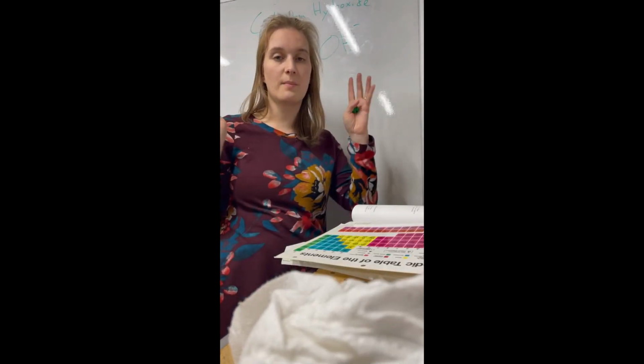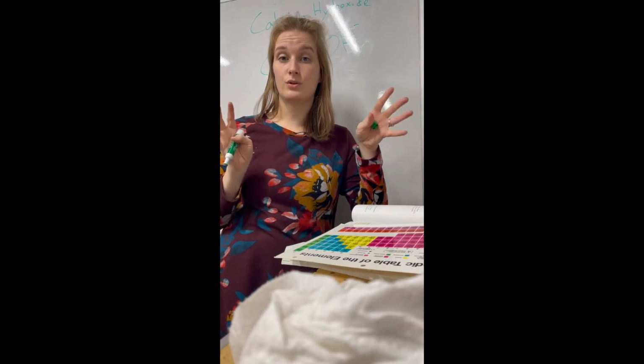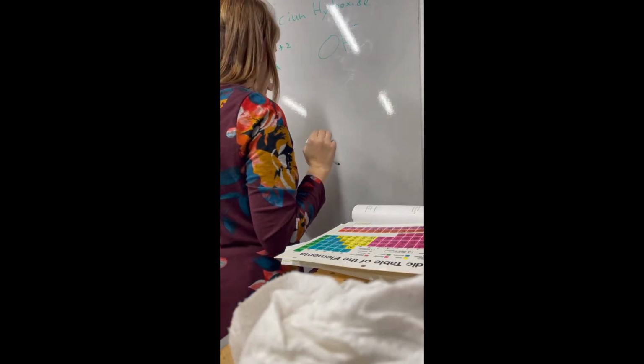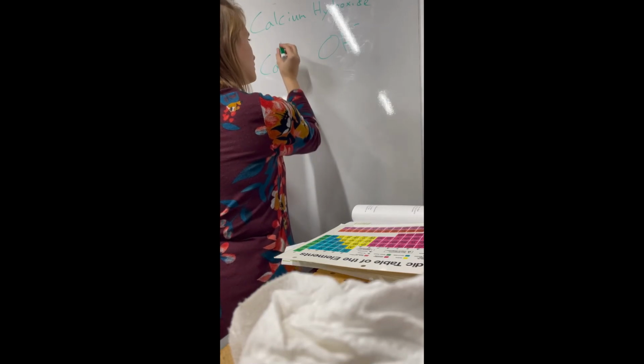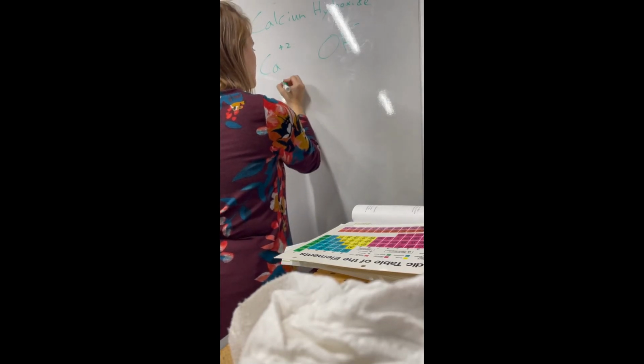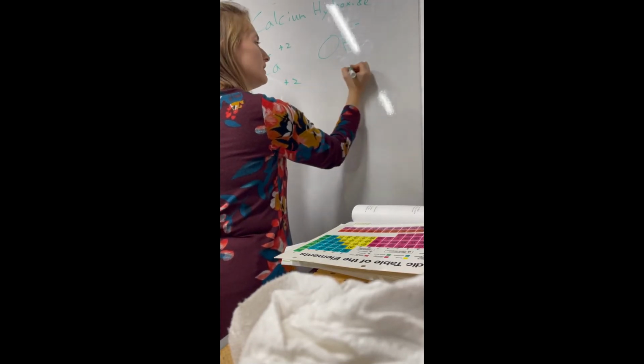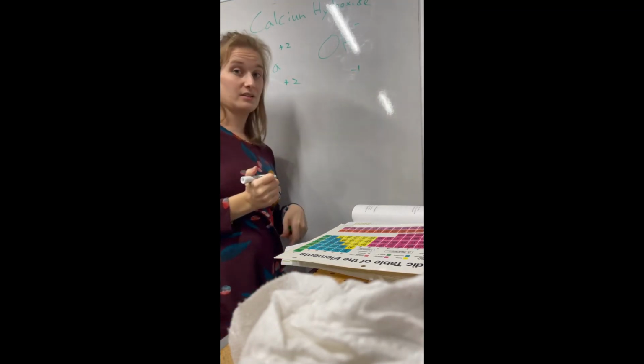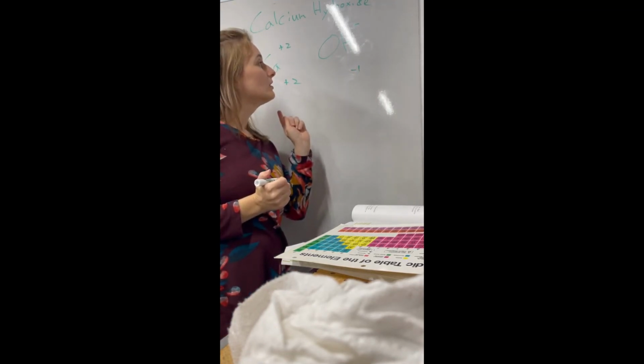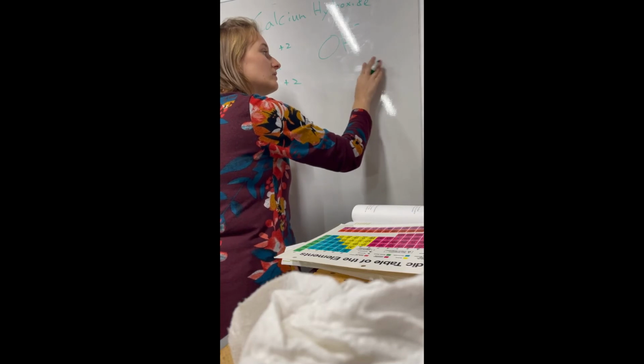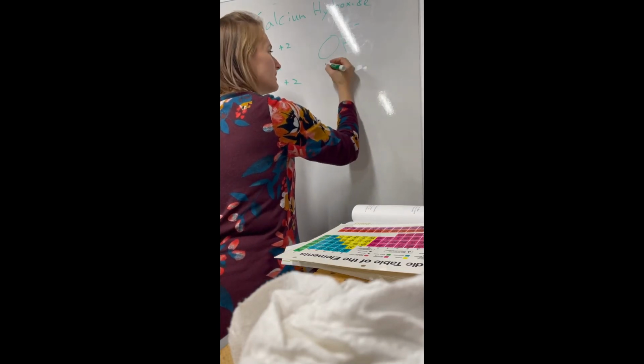So how do we combine these so that the compound as a whole is neutral? Well, right now the charges are +2 and only -1, so those don't balance, right? So what if we add another hydroxide?